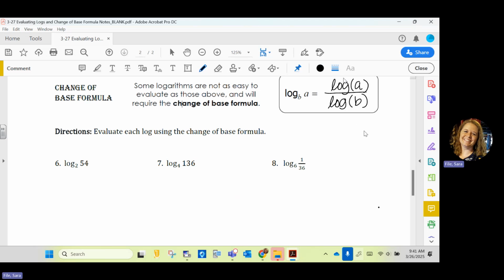So if I evaluate each log using change of base, I would rewrite this as log of 54 over log of 2.